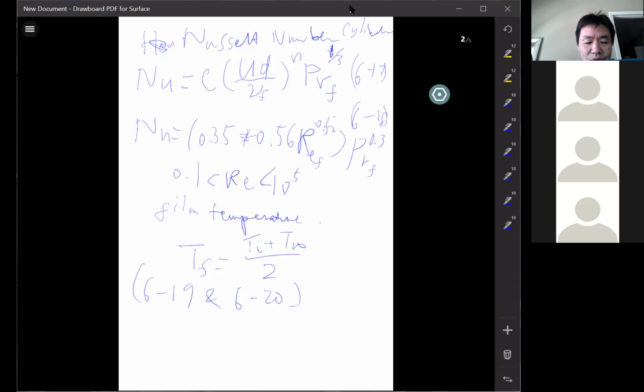Some groups claim their equation is better than the other groups'. They claim their equation is in some agreement with equations like 6.17, but from a different group and different Reynolds number range.